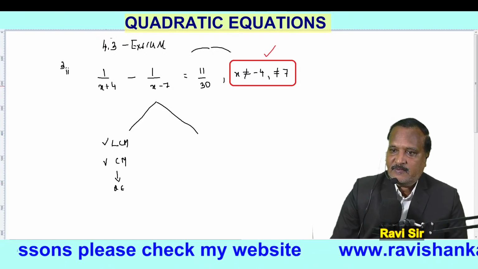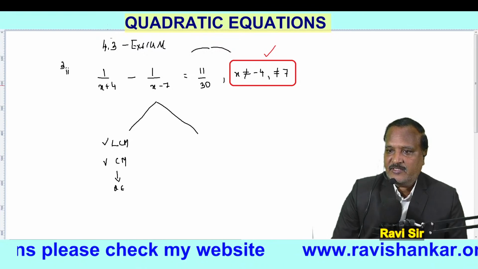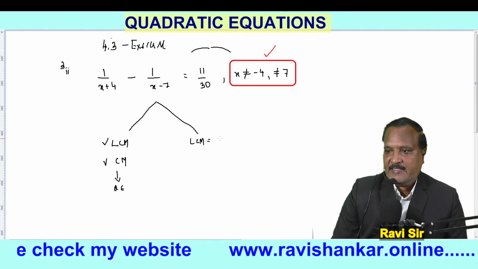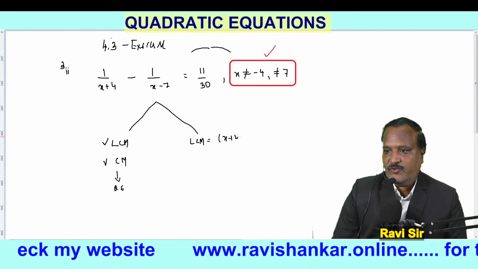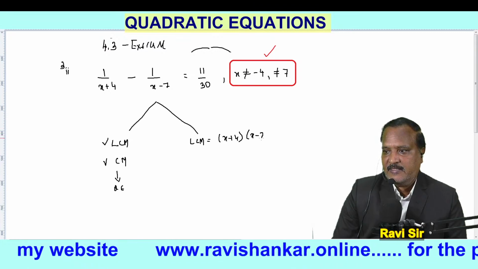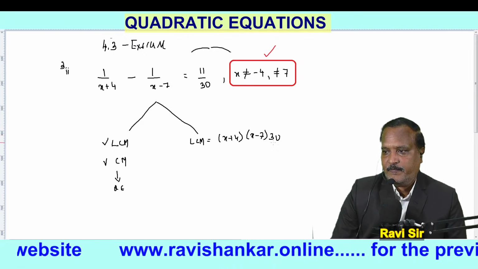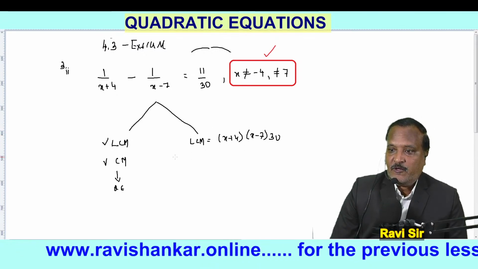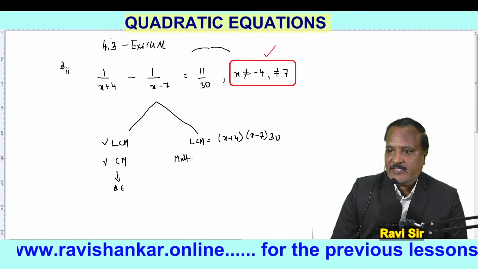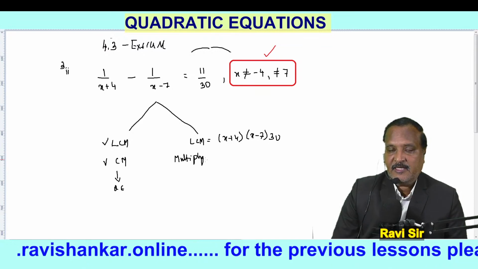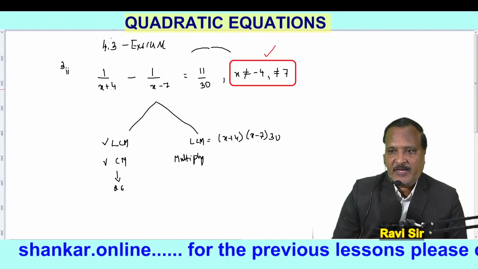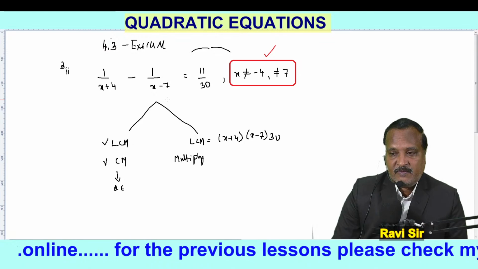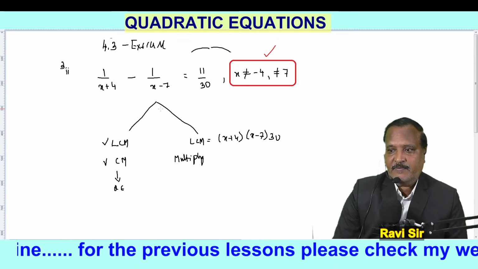Another thing is, because there are 3 fractions, you take the LCM, which will be x plus 4 into x minus 7 into 30. This is another method, a common method. Whenever you have an equation in terms of fractions, this will be a good step.